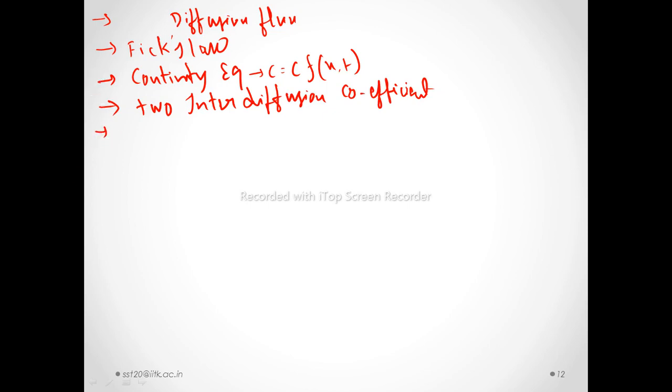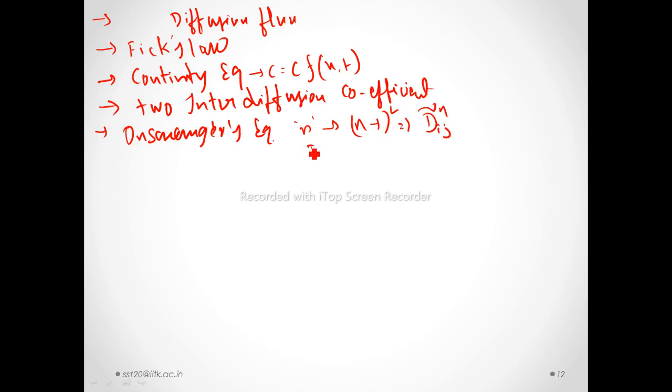After that, we applied Fick's law for multi-component systems, that is Onsager's equation, and its derivation. So how the dependent and independent variables are used, and if we have n number of components, then we can have (n minus 1) whole square number of diffusion coefficients.